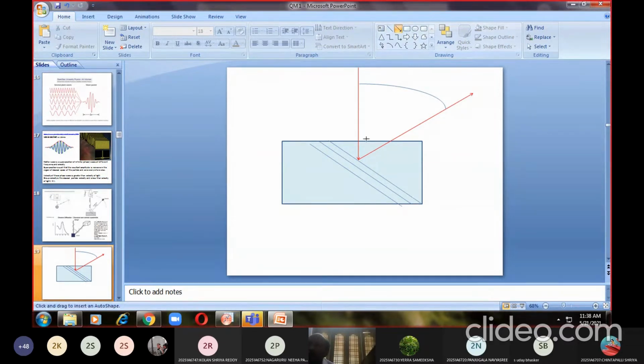Now this is the normal to this set of planes. Am I clear? Yes, sir. Now will you please come to Bragg's law? What is Bragg's law?